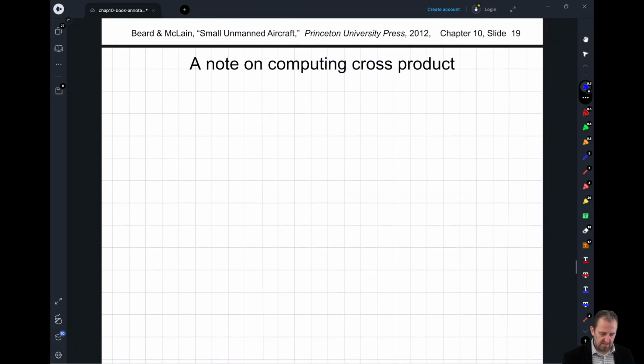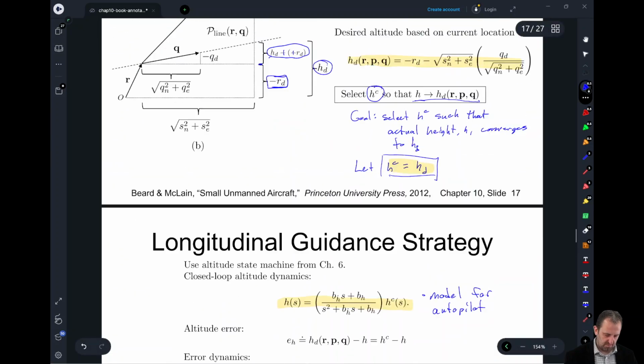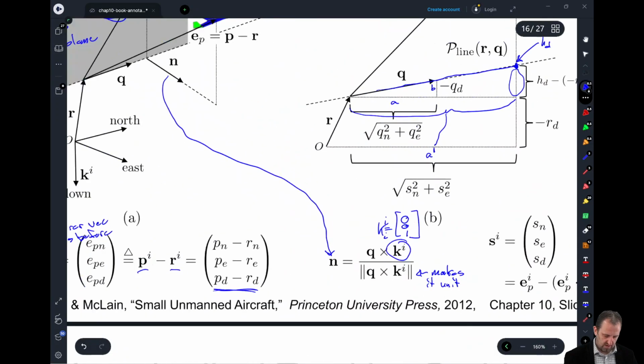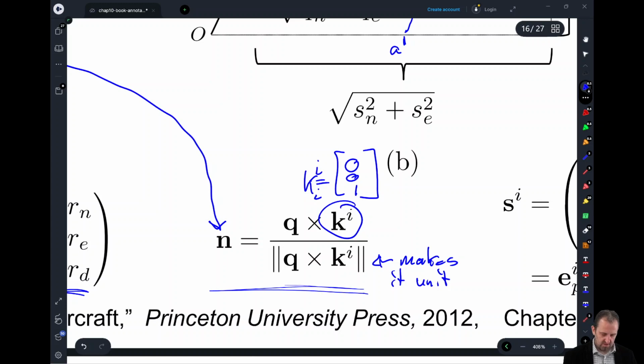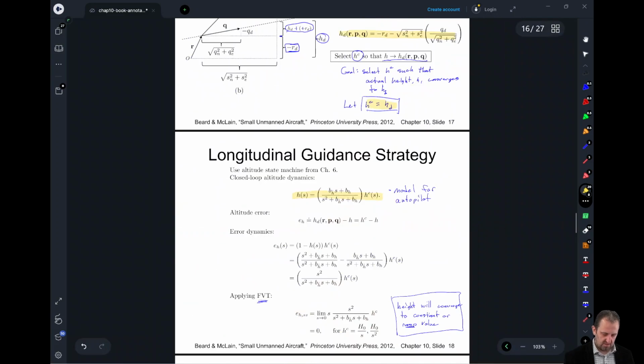And finally, I want to give a little bit of help on computing the cross product. This comes into play right here. We have the normal to our plane. Well, we can take advantage of the fact that we have a really simple vector for one of our vectors.